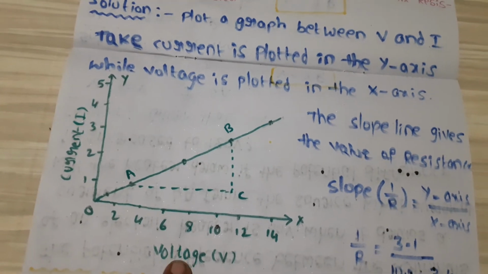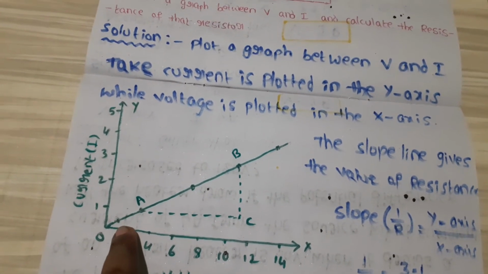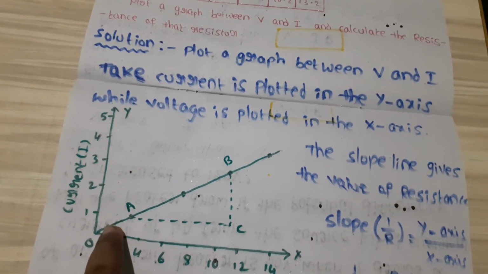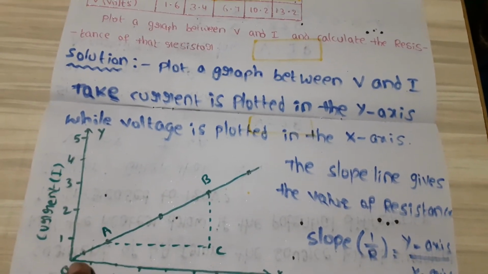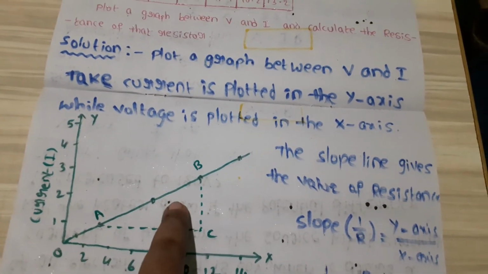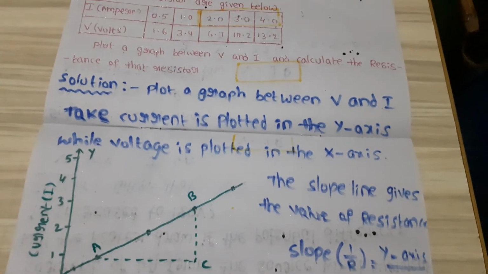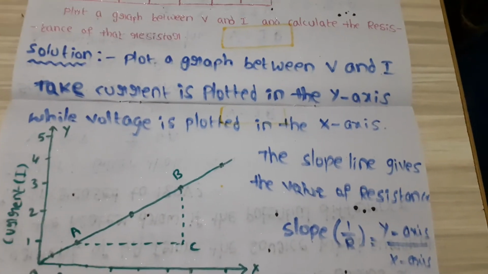So voltage 1.6, current 0.5. So this is the point. I am making the 4 points, 1, 2, 3, 4, 5 from the table. I am making the graph.